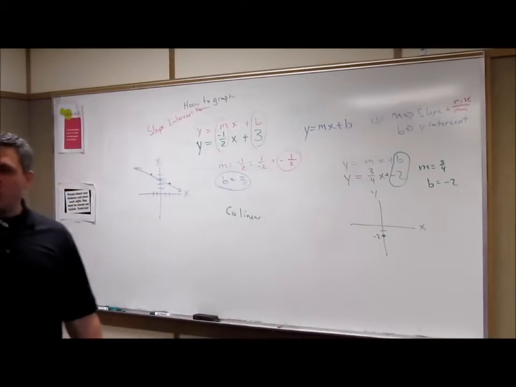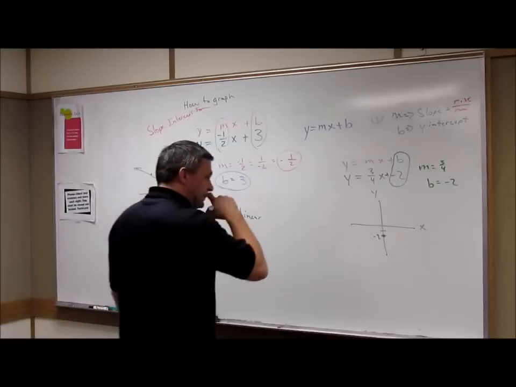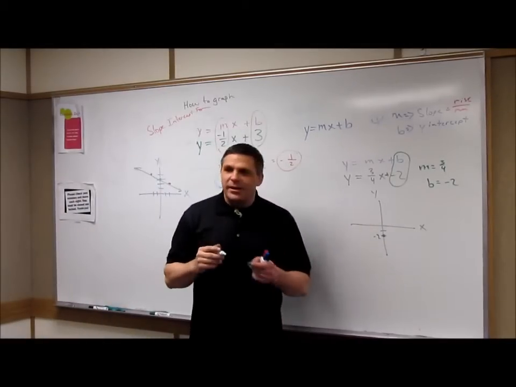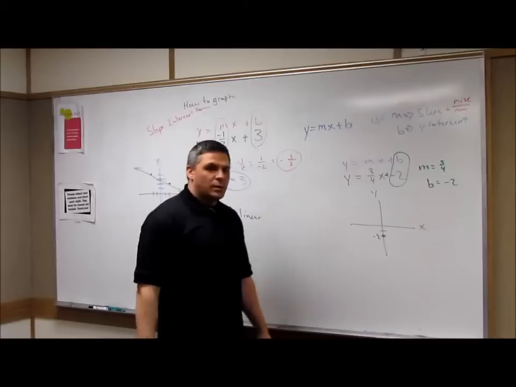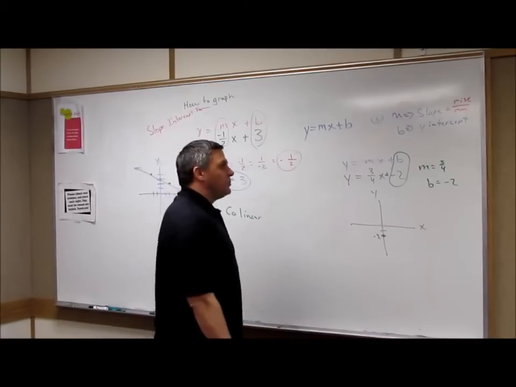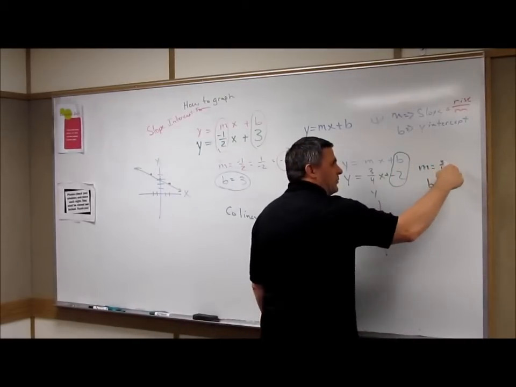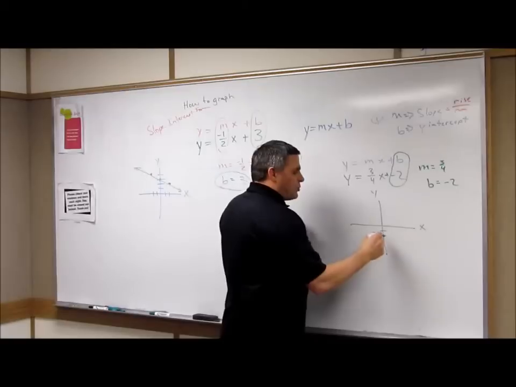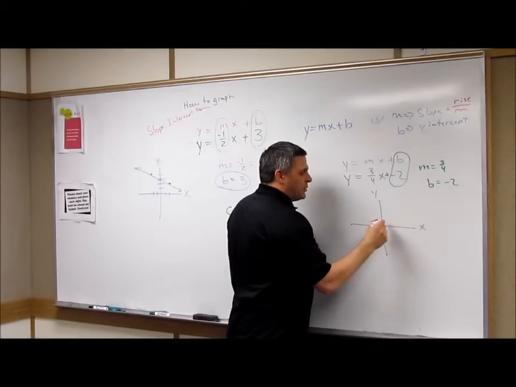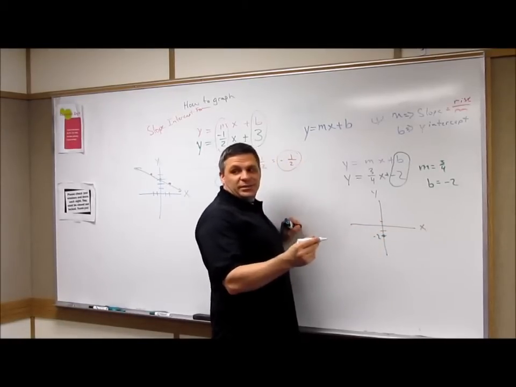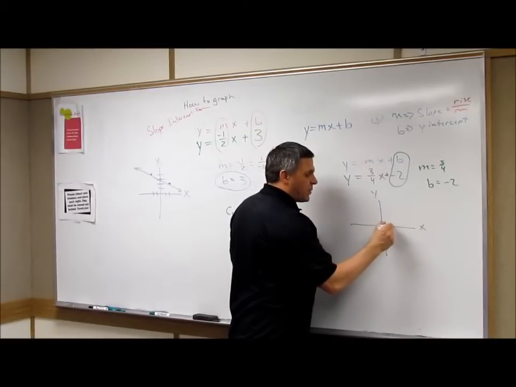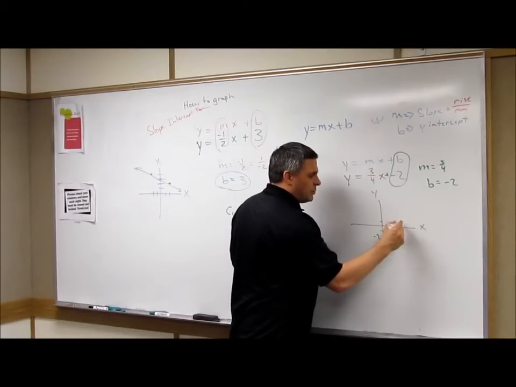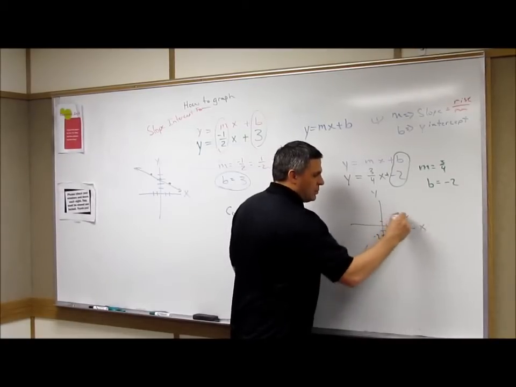That's my starting point. Where do I go from there? m, which is rise over run. So I rise +3, and I run 4, positively. Done.